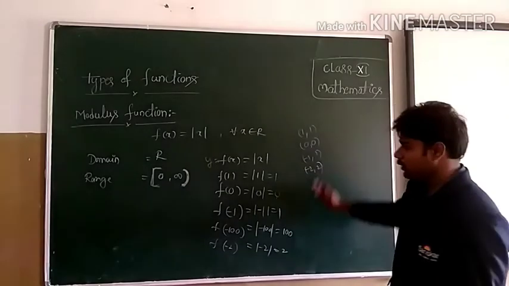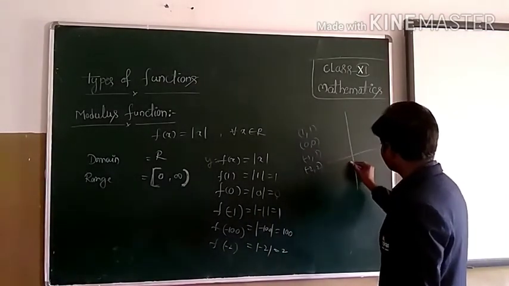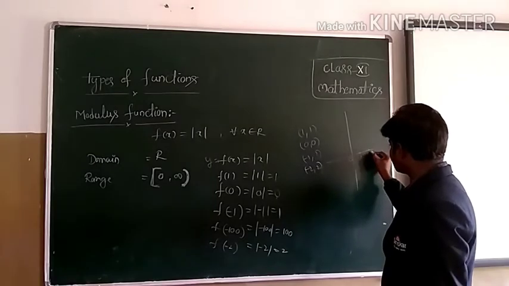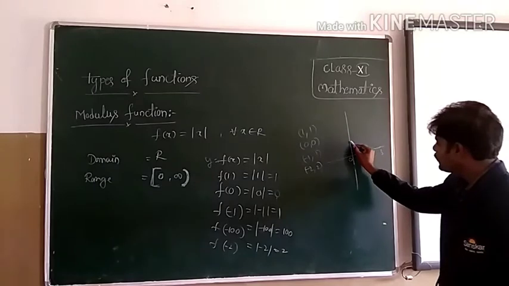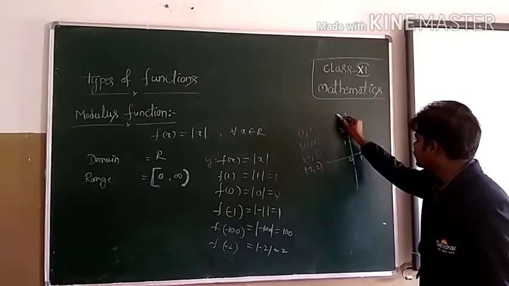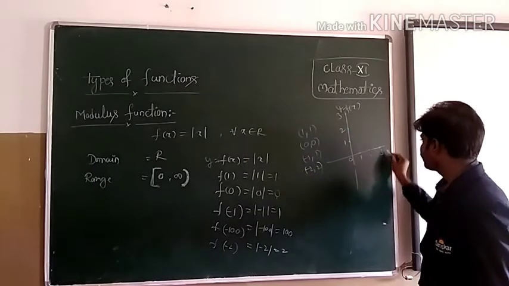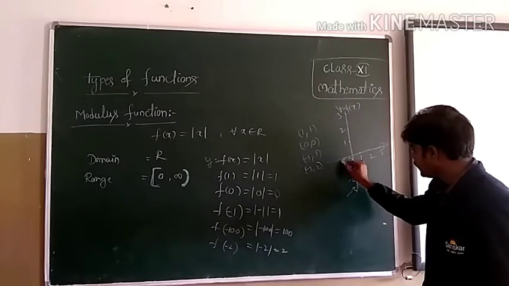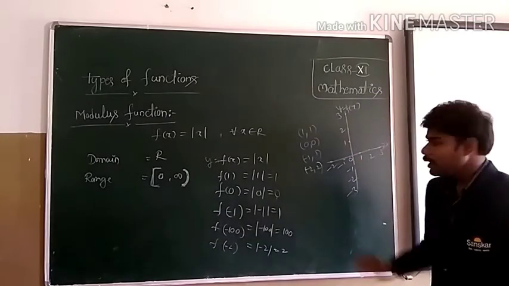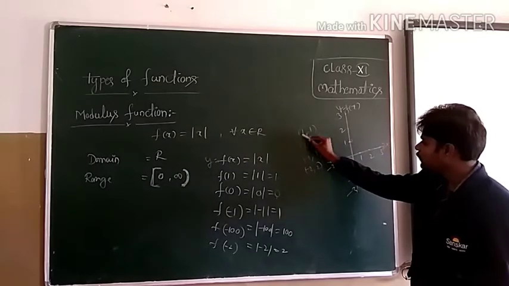Now let's see the graph for this. Here it is 0, this is 1, this is 2 and this is 3. Clear? So this is also 1, 2 and 3. This is f of x, that means this is y equals f of x. This is x, and minus 1, minus 2, minus 3. Here also minus 1, minus 2. Now let's see these ordered pairs on the graph sheet. 1, 1.